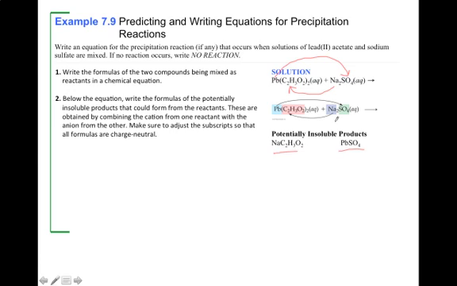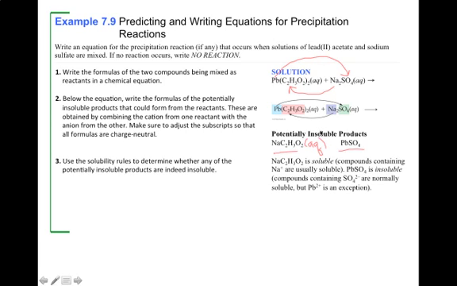Make sure to adjust the subscripts so all the formulas are charge neutral. Use the solubility rules to determine if any of the potentially insoluble products are indeed insoluble. Now we know that sodium acetate, because it's got sodium in it, the rule says it's going to be aqueous. So let's write aqueous by it. That is aqueous. Okay? So sodium acetate is soluble.